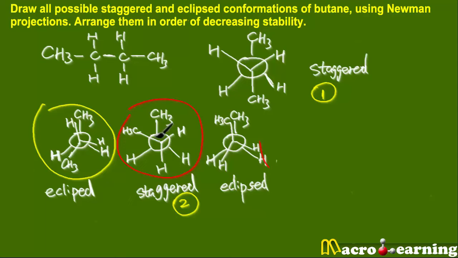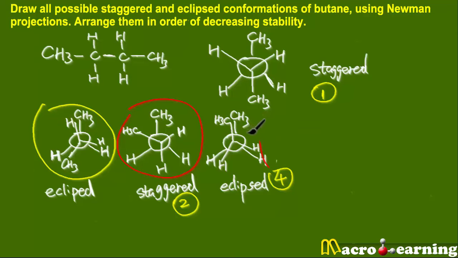because whatever it is, staggered conformations always are going to have much better stability than the two remaining ones, the 2 eclipsed ones. So the 2 eclipsed ones are going to be number 3 and number 4. So which one is number 3 or number 4? I would say number 4, the lowest stability one, will be this one, because the two methyl groups are so close to each other, or as close to each other as possible.